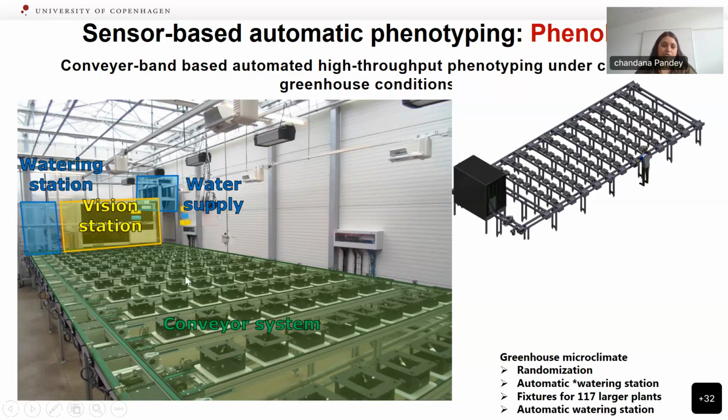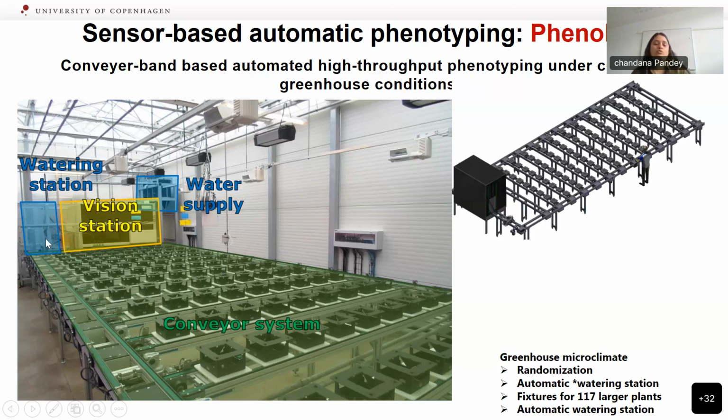And what you are seeing here is a real picture from the campus, and these are the different fixtures you see, and this is the graphical representation. Here we can stand and then we see all the plant fixtures within this facility. And here we have the automatic water supply and the water station.